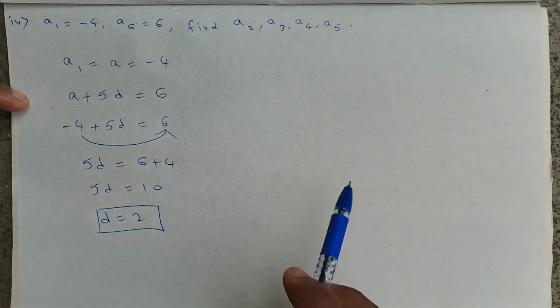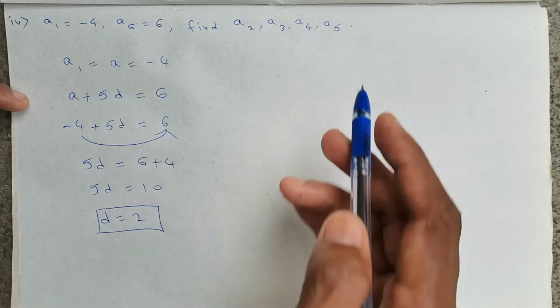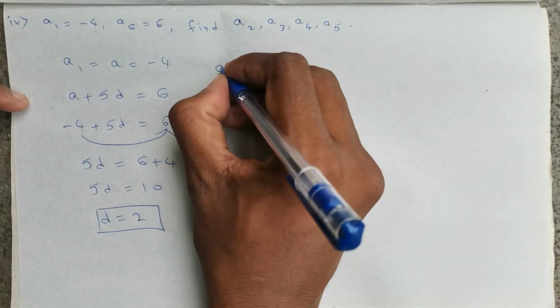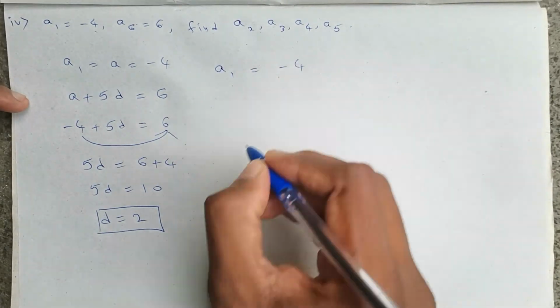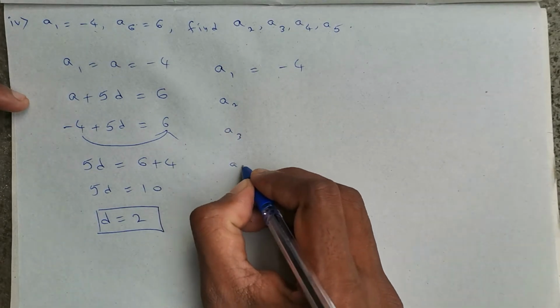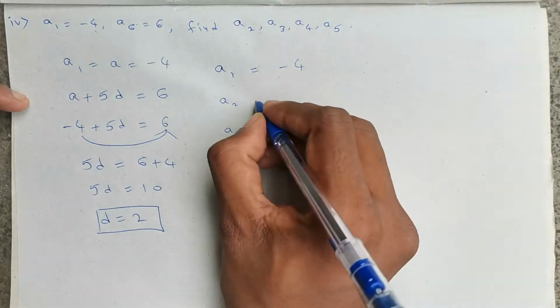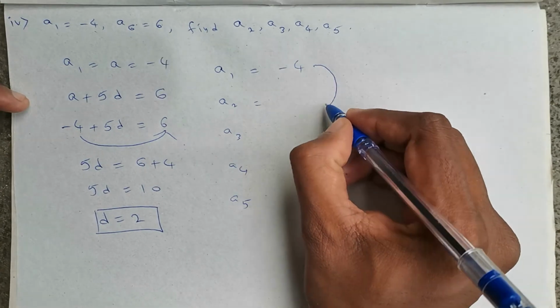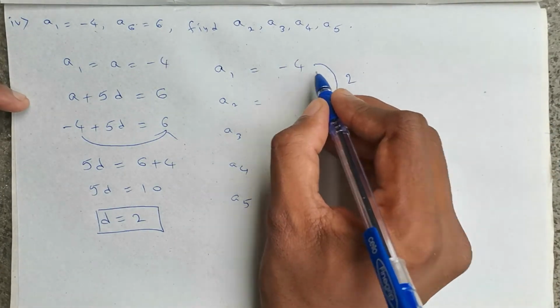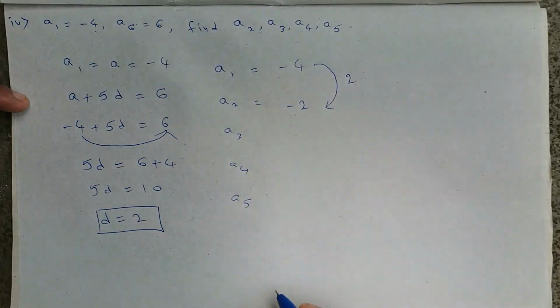So now he is asking to find A2, A3, A4, A5. Instead of substituting in the formula, I will keep on adding the common difference. A1 is minus 4. Then we want the values of A2, A3, A4 and A5. To minus 4, we add the common difference, that is 2. Minus 4 plus 2 is minus 2.